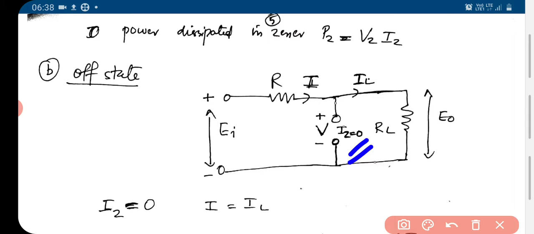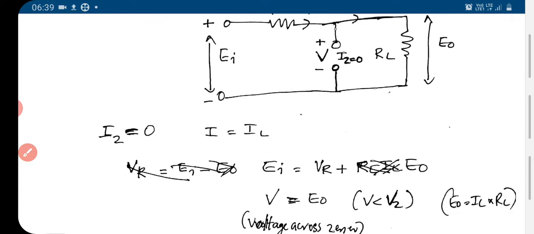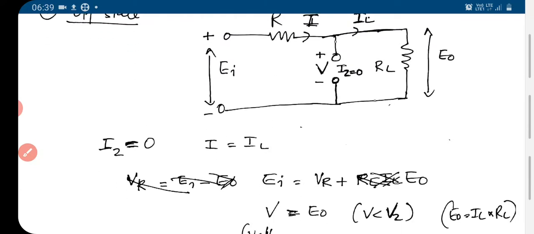Since Iz is 0, I is equal to IL. So the load current is equal to current I.